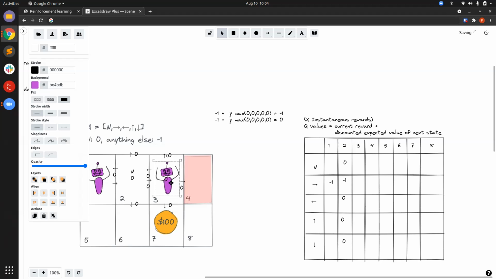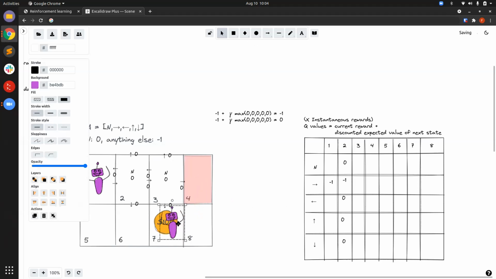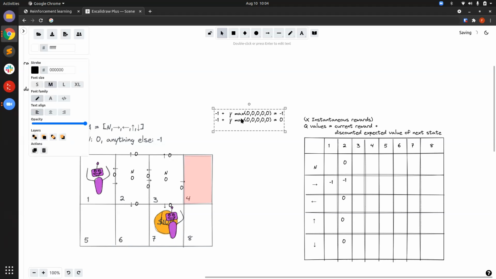Let's say I take every action with uniform probability, but suppose I happen to pick the right one and I decide to go down from state 3. So what's my reward? My reward is going to be 100 plus, well, it's still zeros.